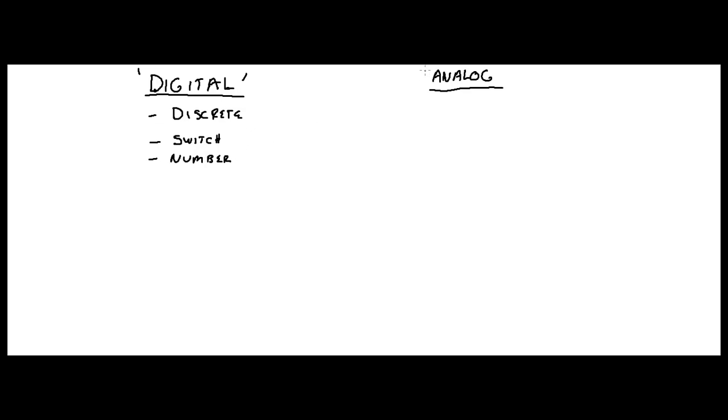If you talk about analog, you can think of it as non-discrete. What does that mean? That means it's variable. For example, let me just draw this for you.